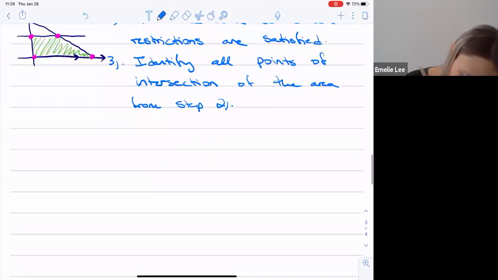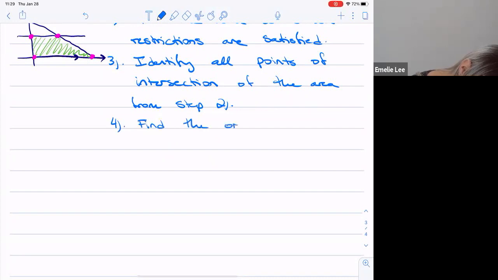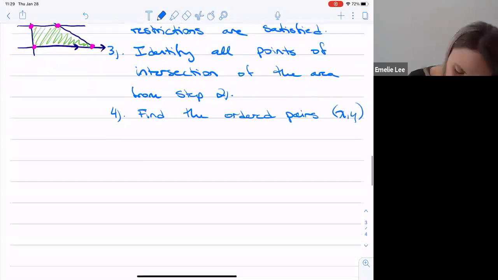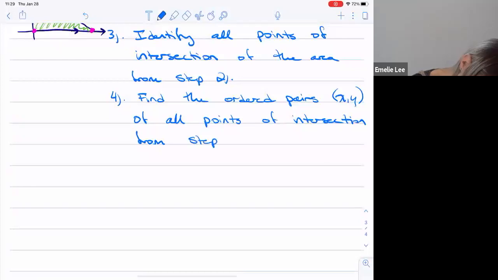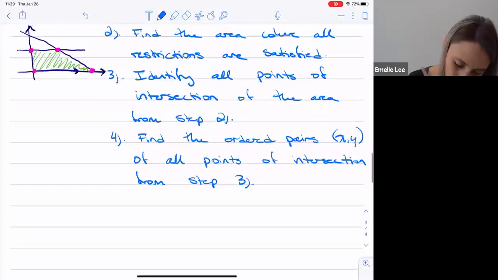And so find the ordered pairs, right, which are X comma Y, of all points of intersection from step 3, okay?